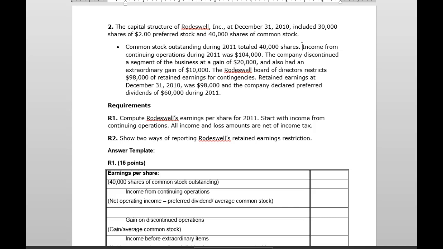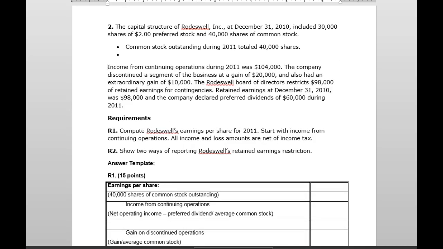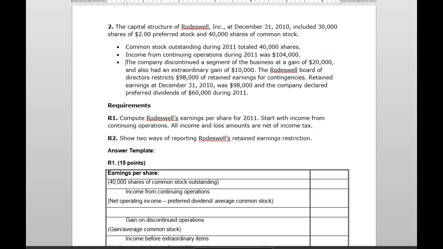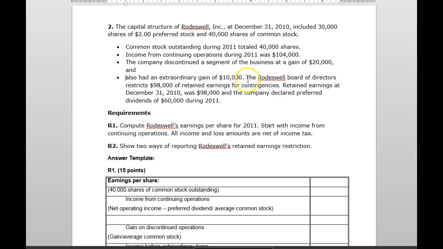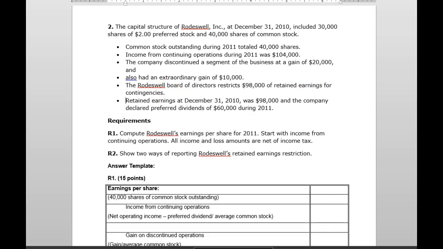And then they tell me the outstanding, and then they start giving me all this information about income. So let's separate that out so I can keep track of these numbers. And then they've declared this dividend.